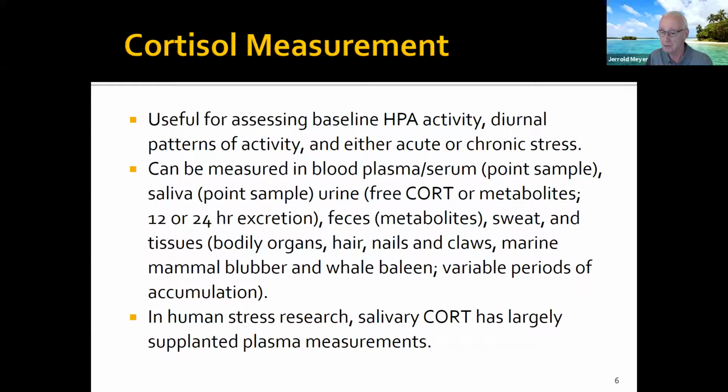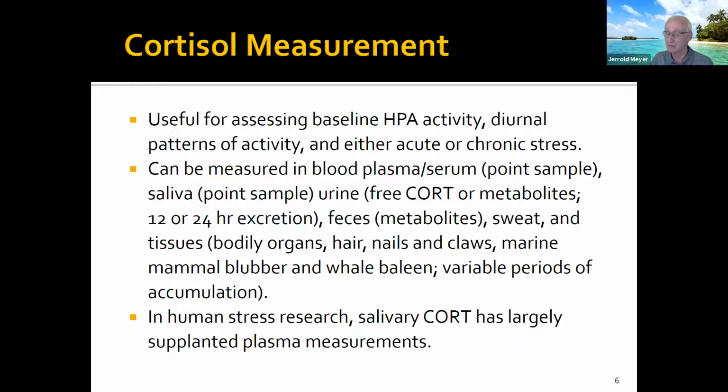So there are some tricks if you want to do this accurately, but now we're going to head on to cortisol, which is probably of greater interest to all of you, if you are interested in the HPA axis. So cortisol, for assessing HPA function: obviously baseline, just like ACTH, diurnal patterns of activity, the rhythm of secretory activity of the HPA axis, and either acute or chronic stress.